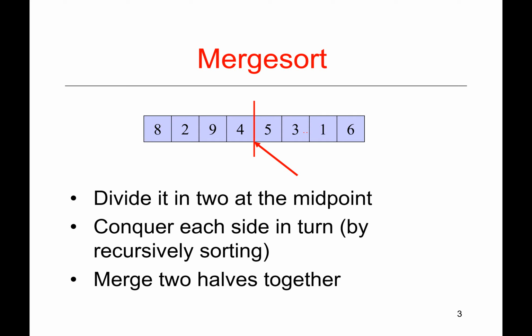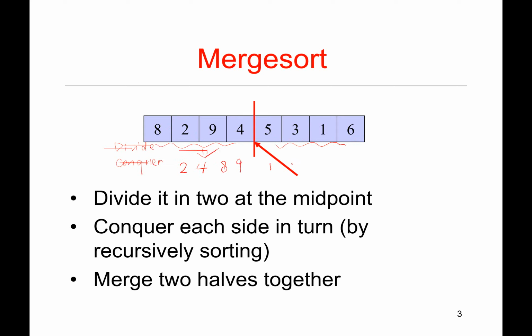With the given example here, we have 8 long balls. We set up a middle point and divide into two halves. In this case, they are not sorted, right? After you divide into two halves, you want to use the same procedure. You divide and conquer it, such that once you divide and conquer these two halves, we expect to see the sorted results 2, 4, 8 from the left part.